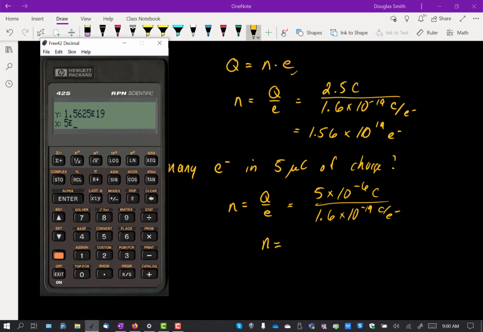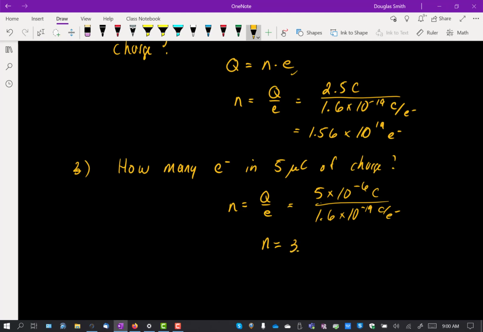So 5 e negative 6 over 1.6 e negative 19, I get 3.13 times 10 to the 13 electrons.